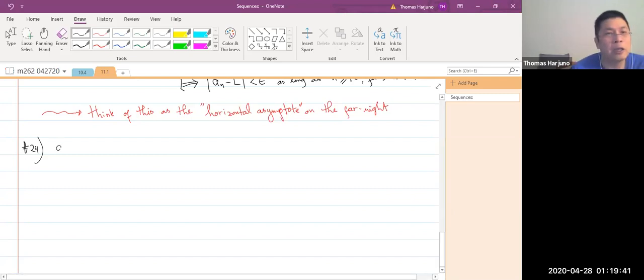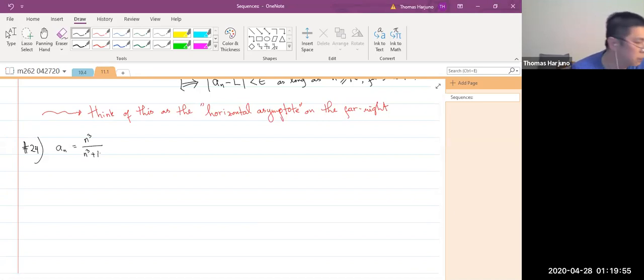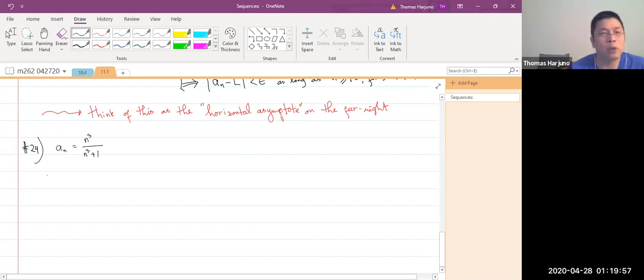So a sub n equals n cubed over n cubed plus 1. Does this sequence converge? If it converges, find the limit. So what we will do is we need to find the limit as n goes to infinity of that sequence.